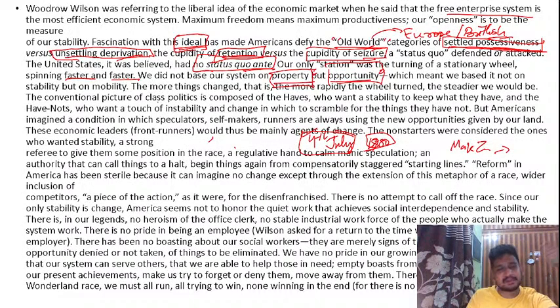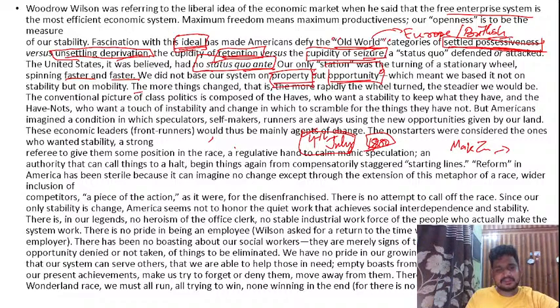Very clear, self-explanatory. The more things changed, that is, the more rapidly the wheel turned, the steadier we would be. As much progress as we make, as many rules as we break, as many opportunities as we grab, the steadier we will be as a nation. Basically, we earn more and more money.